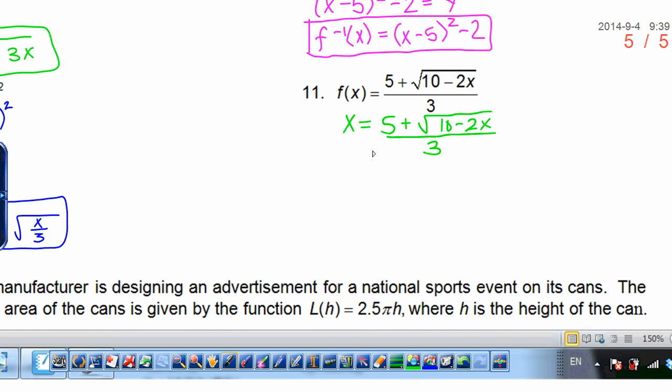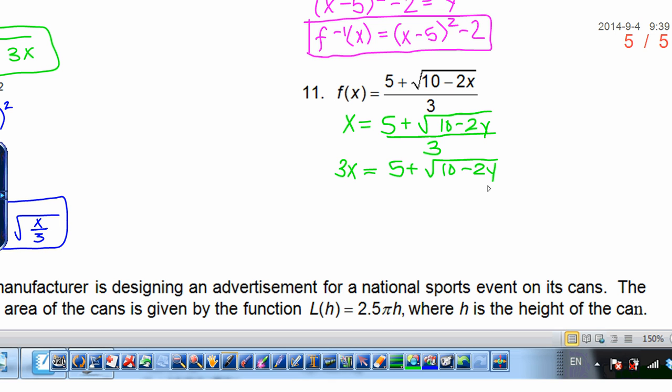What do we do first? Multiply by 3. Good. So now multiply both sides by 3. So I have 3x equals 5 plus the square root of 10 minus 2y.